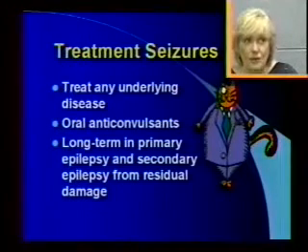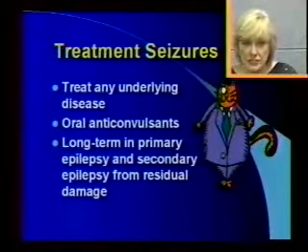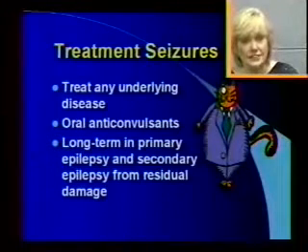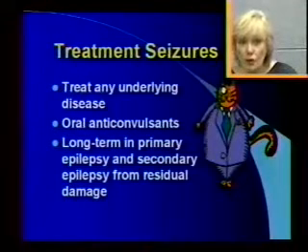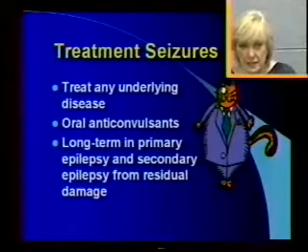Most of the time, we have to treat seizures that are going to be ongoing, like in a case of epilepsy. Epilepsy is ongoing seizures, and the seizures are kind of the symptom of the epilepsy. We need to usually go on some type of oral anticonvulsant therapy.